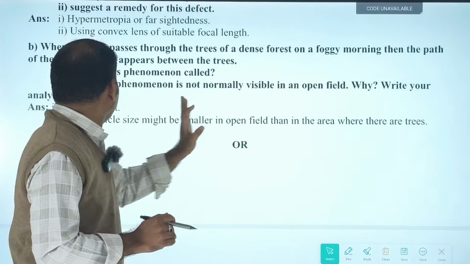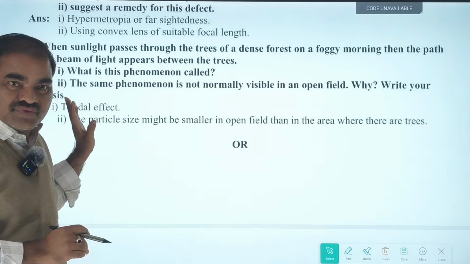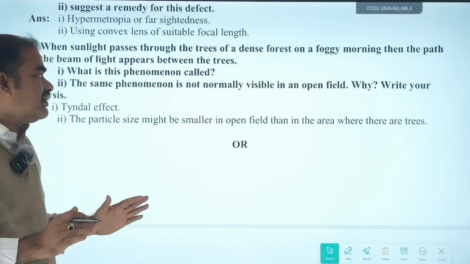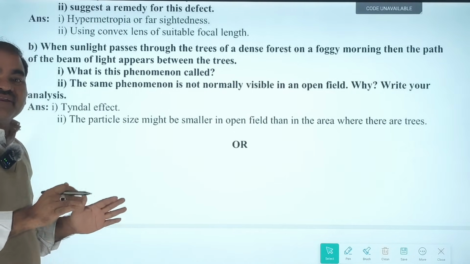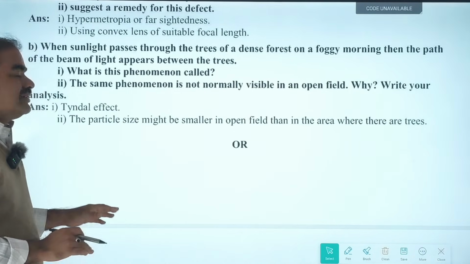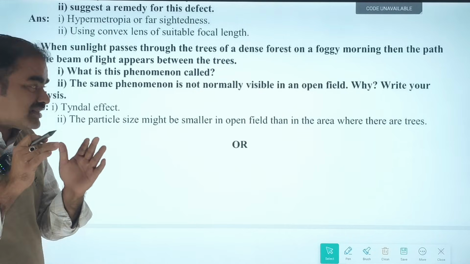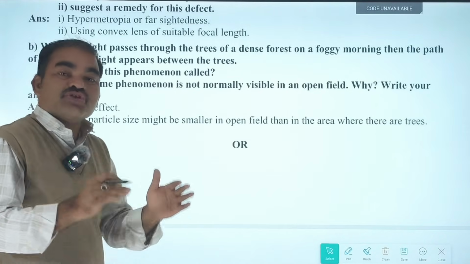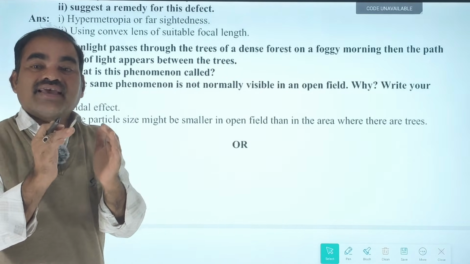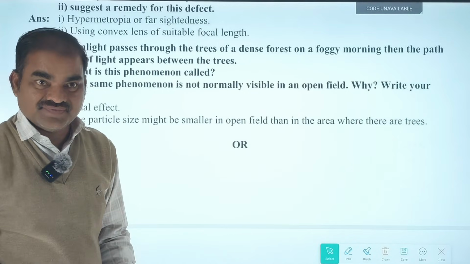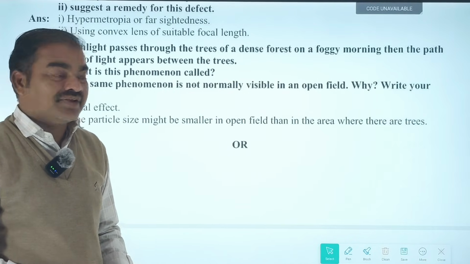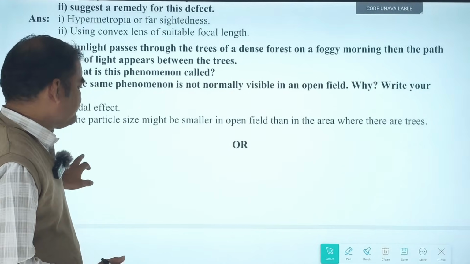Why? Write your analysis. It is not visible in the open because the particles there might be smaller than those in the dense forest. That is the reason. So the first one is the Tyndall effect.